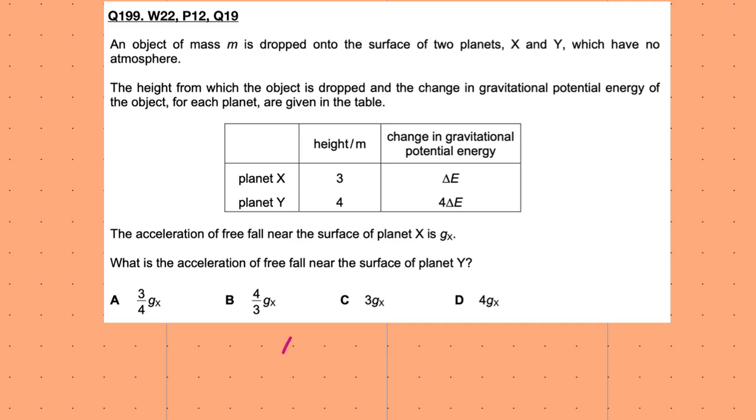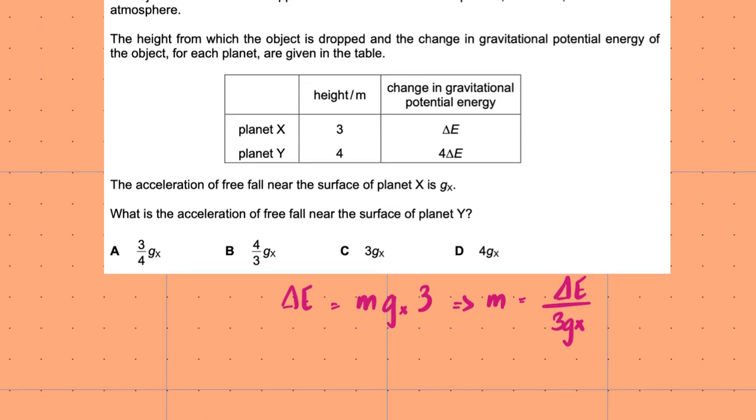So what I can do here is delta EP equals mgh. m is the same in both cases, so m times gx times 3. What this enables me to do is get an expression in terms of m. So I can say m is delta E over 3gx, right? Now in the second part, for planet Y, the change in GPE is 4 delta E.